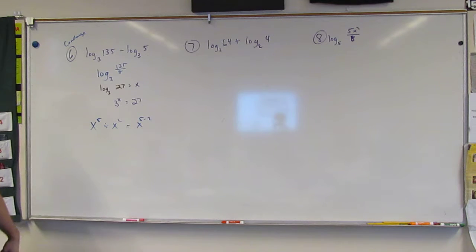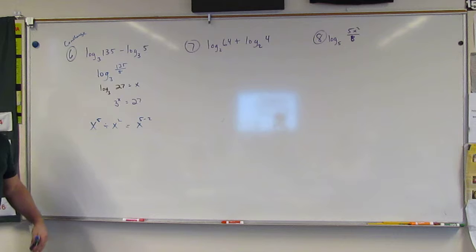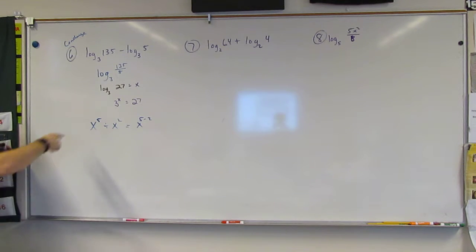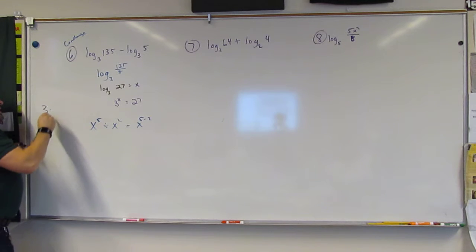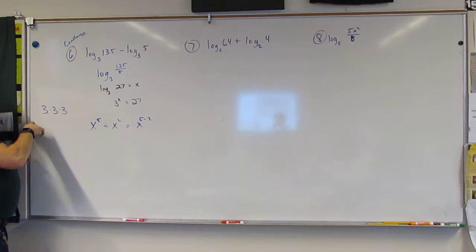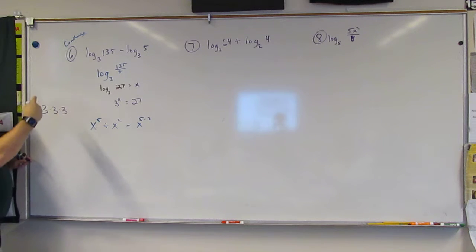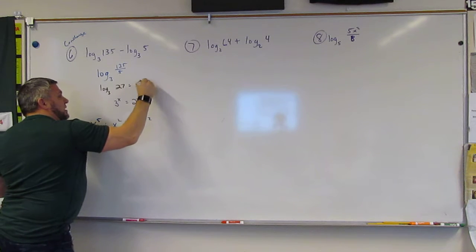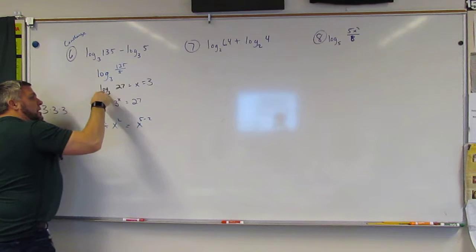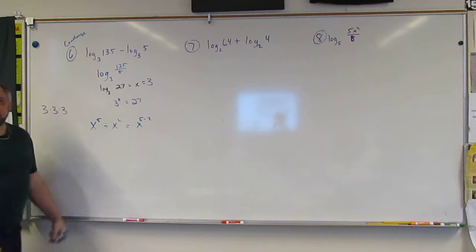So how many 3's would multiply together to give you 27? Not 9 times 3, we want to think how many 3's would it be? 3 times 3 times 3. So how many 3's are there? 3. So x is 3, right? So log base 3 of 27 is 3.